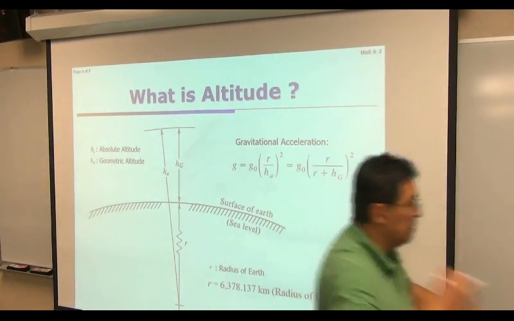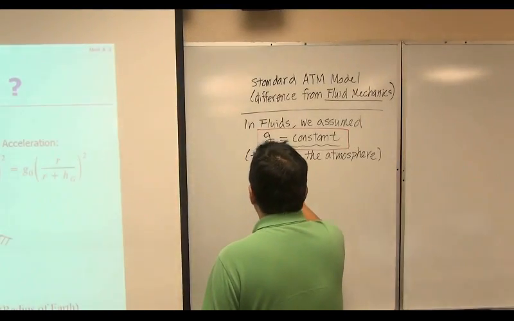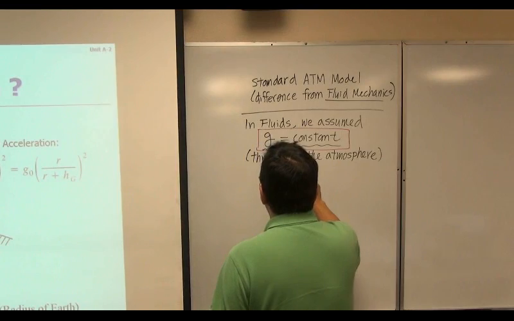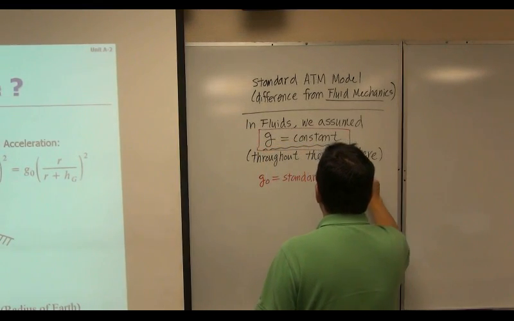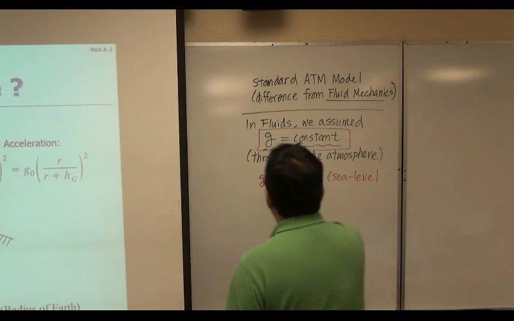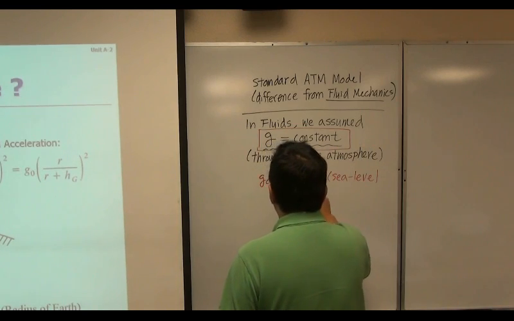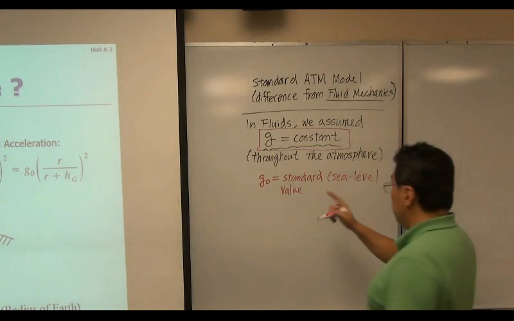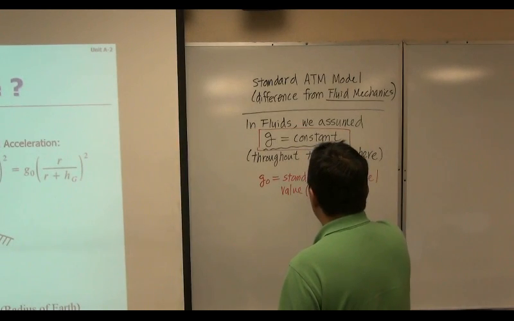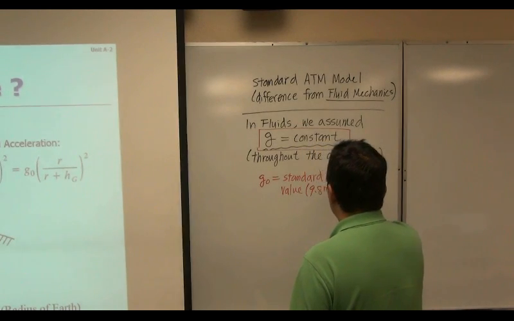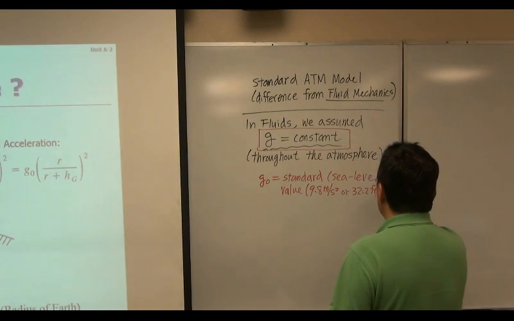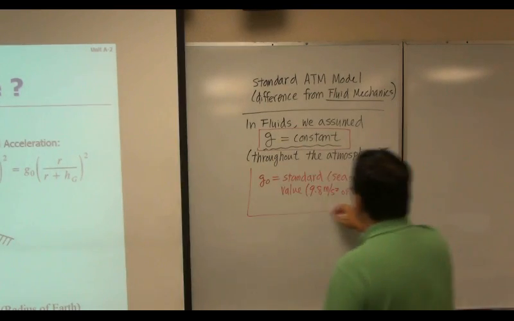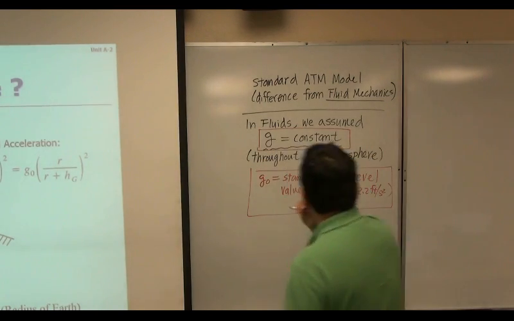Let me just write it down here. So first of all, g0 is the standard sea level value. We know these standard sea level values, 9.8 meters per second squared or 32.2 feet per second squared. So g0, standard sea level value.